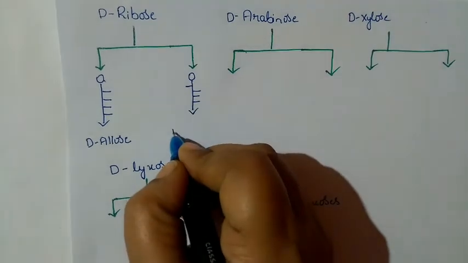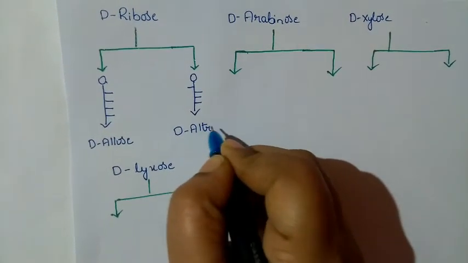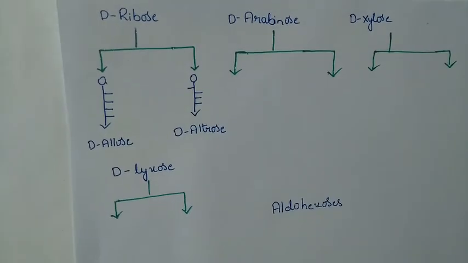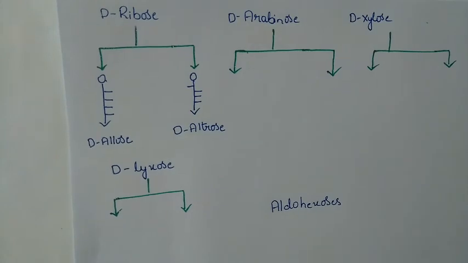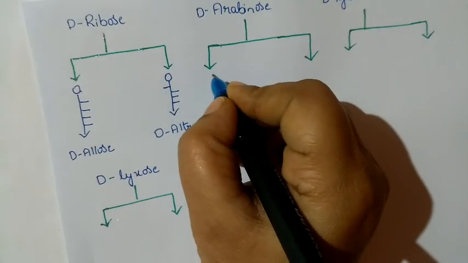So the name is D-altrose. Next one, D-arabinose, also an aldohexose only.